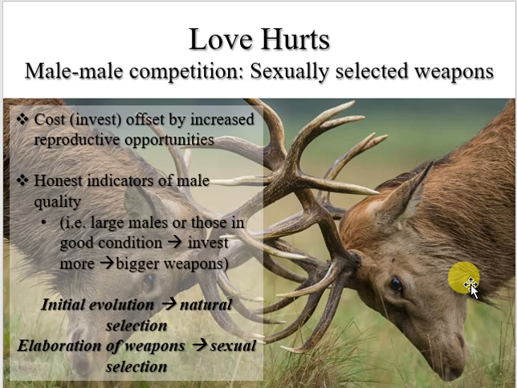Now, as far as the evolution of these weapons, current evidence suggests that these weapons initially evolved through the course of natural selection. If you look at ancestral weapons and look at the evolution of these weapons over time, they initially were small, dangerous traits that allowed for protection and defense.